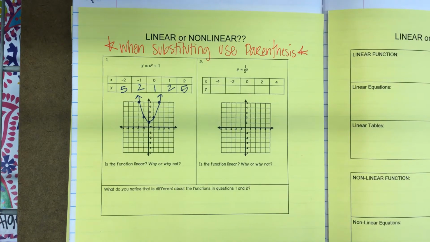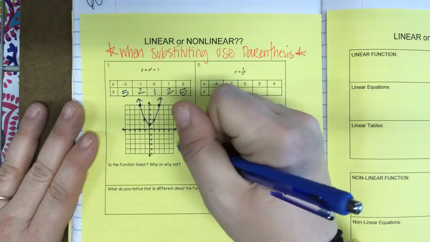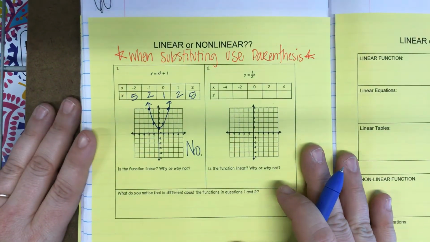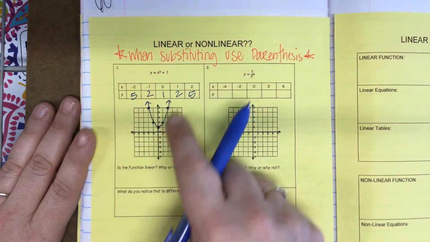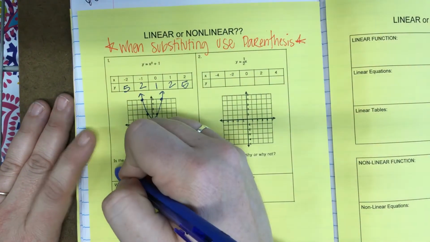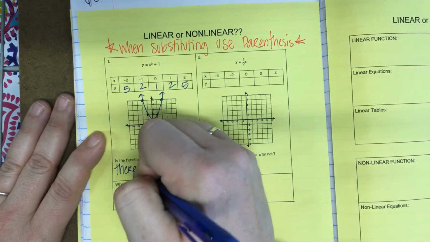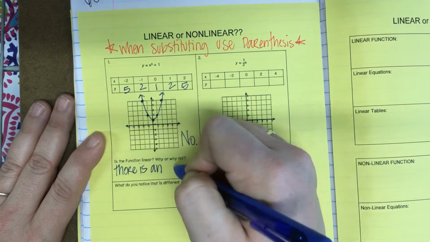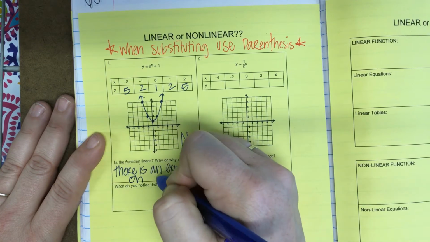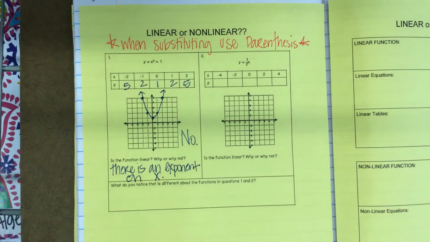Is this linear? No, it is not linear. What part of this equation makes it nonlinear? Well, there is an exponent on x. It's a function.